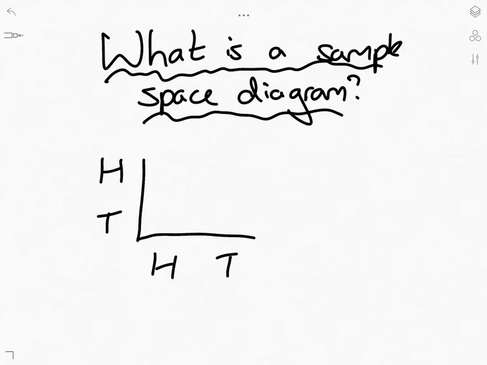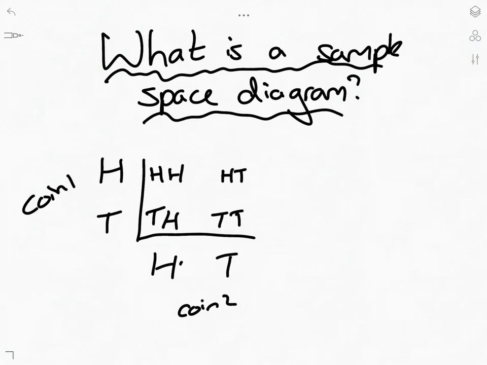So if on coin 1 we got a tails, and on coin 2 we got a heads, then the outcome was tails then heads. Or if on coin 2 we got a tails, it's tails then tails, and so on. So it just helps us list what's happened.